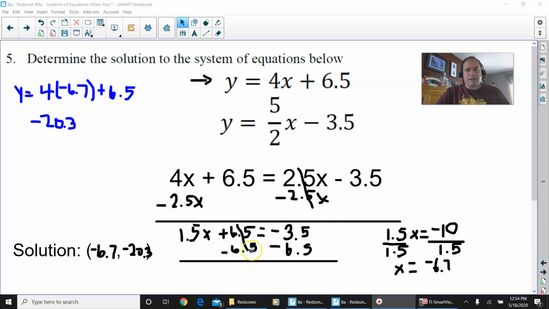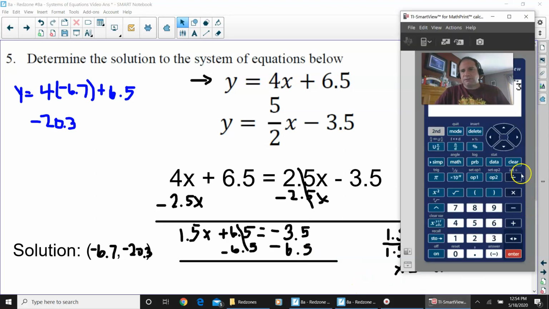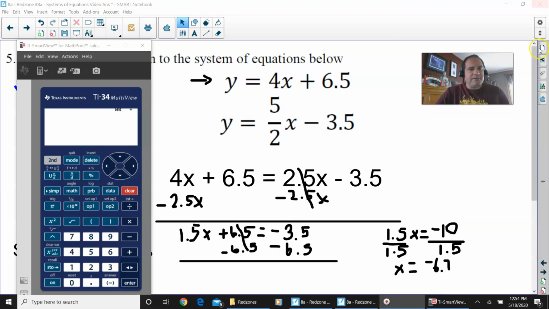I used my calculator. So I have negative 3.5 minus 6.5, and that's how you would put that in.